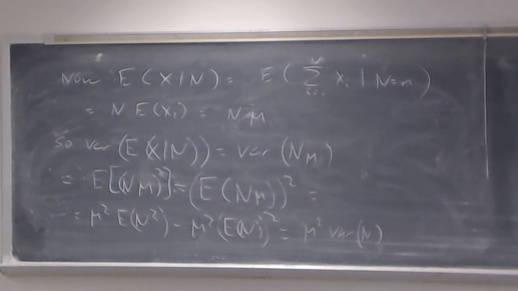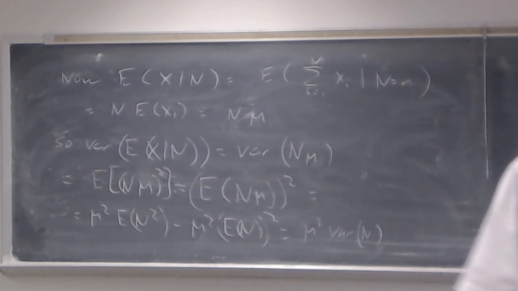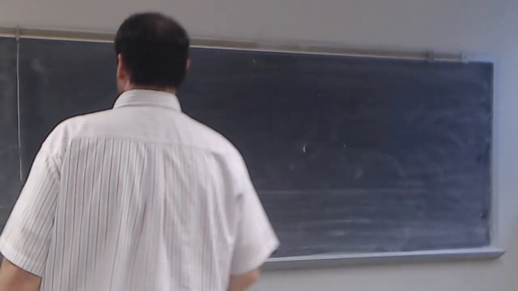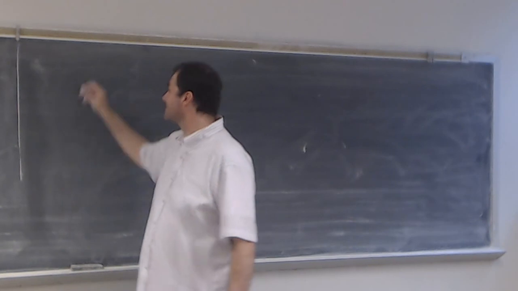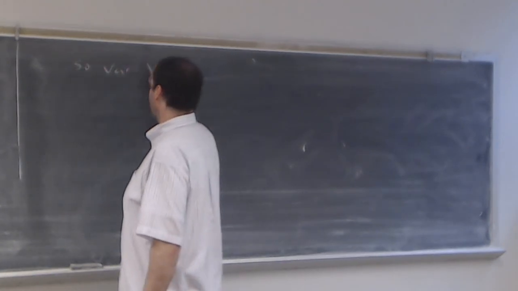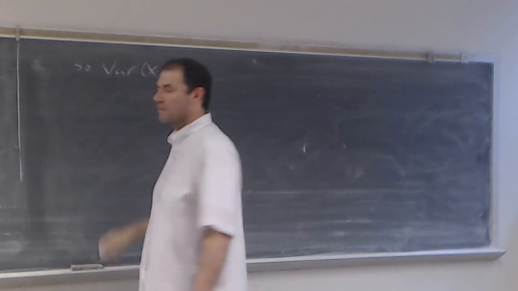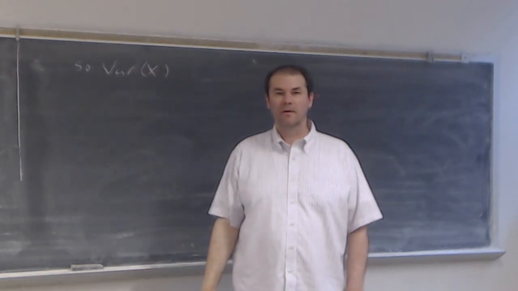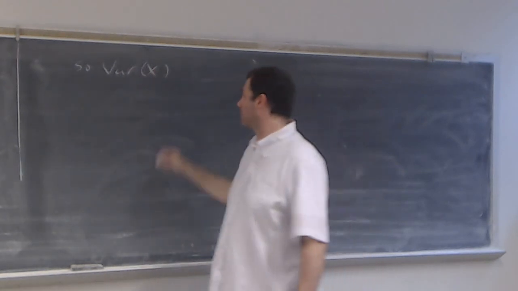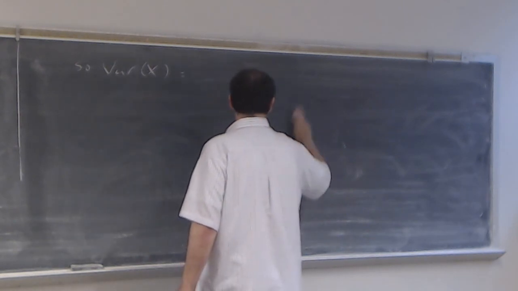Do that over here. So to summarize, here it is. So the variance of X, what we're talking about, a compound random variable, remember what it was equal to.